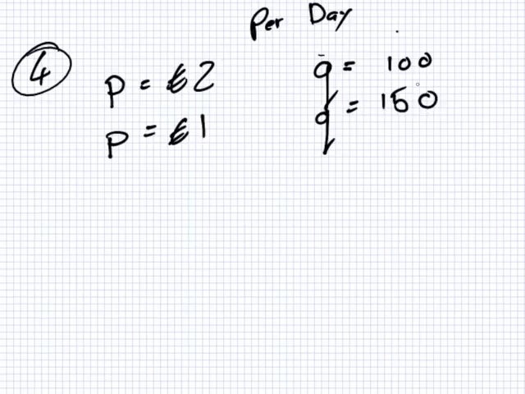So this is the problem. If you make the coffee cheaper, you get more customers. But if the coffee is cheaper, then you make less money. So if you drop the price, is it enough to make more money from having the extra customers? You know what I mean? Like here, what happens to your profit? It decreases.